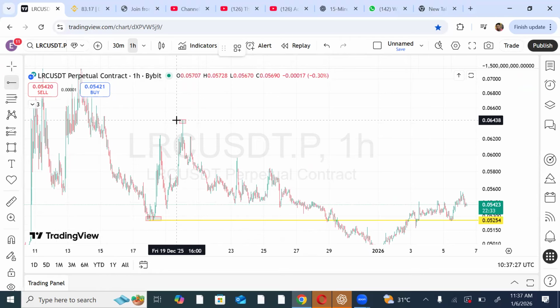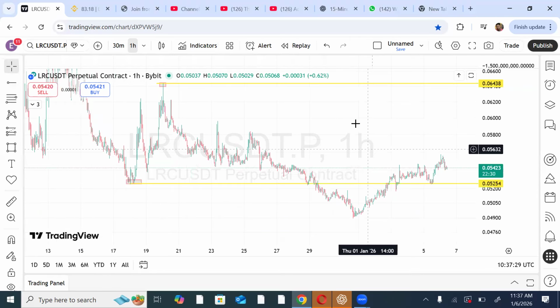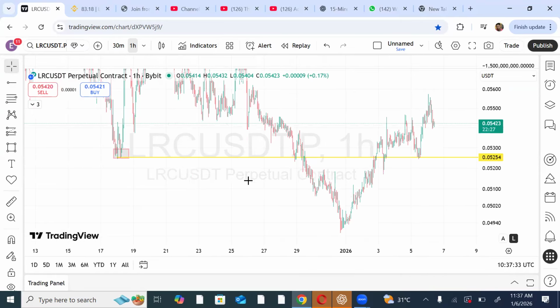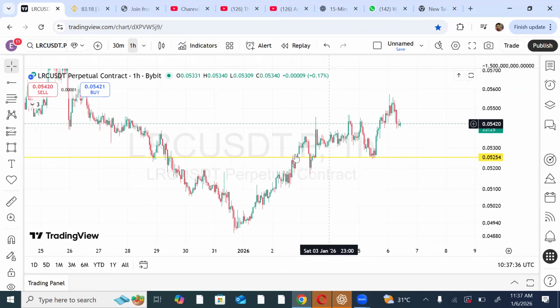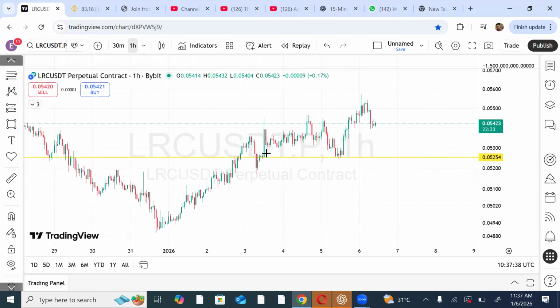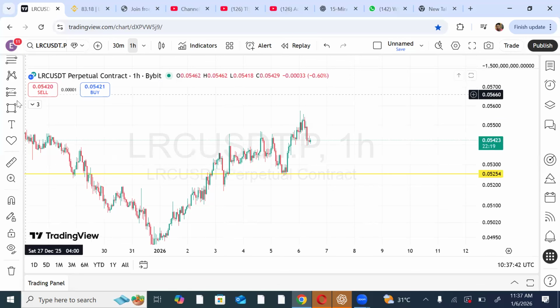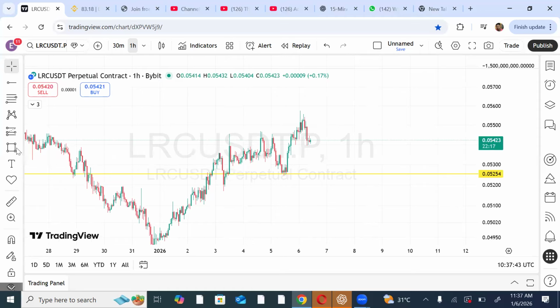You can see how price returned back into this range. And what has price been doing when it returned? It gave us a continuation. This is the continuation we are looking for. A continuation strategy like this.